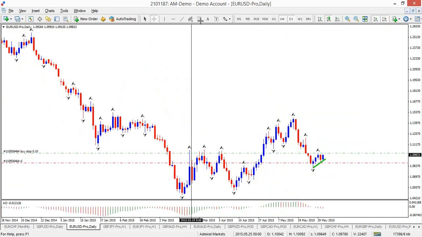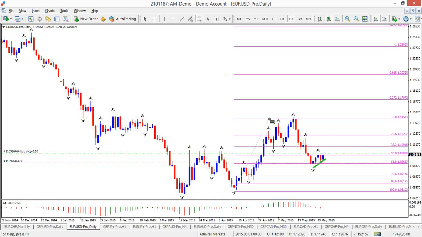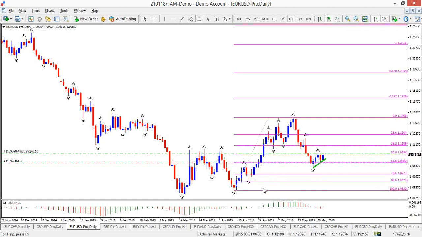Basically, when you have a fib on your chart like this, you want to always trade it preferably with the trend. Of course, this is not an uptrend, but in this case, I'll be looking for a bigger correction, which is also okay still to use a fib.